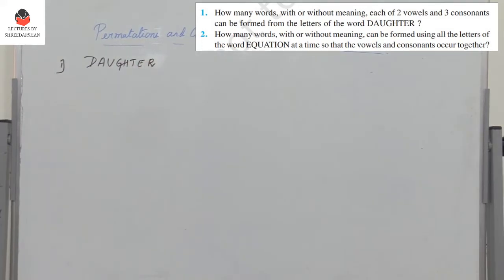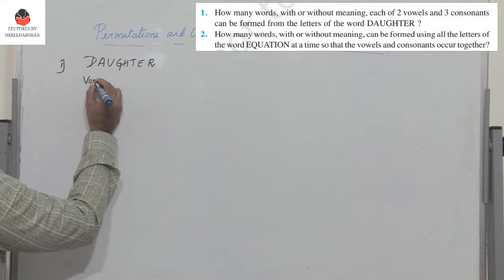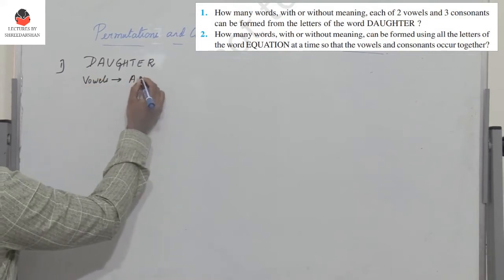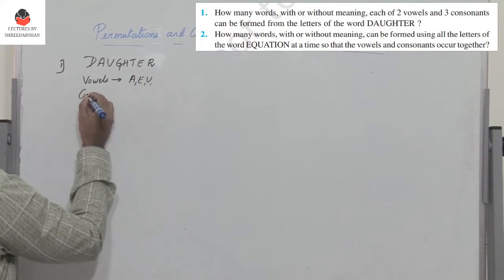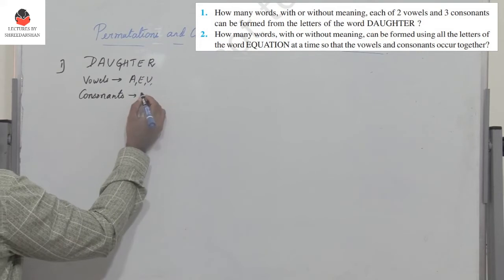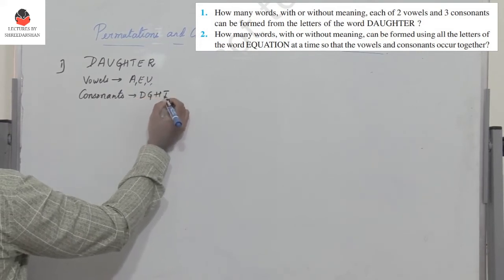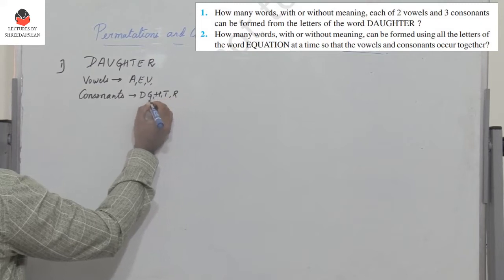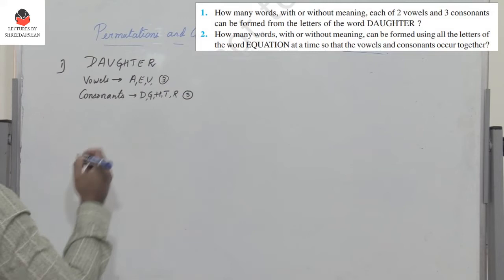Let us identify how many vowels there are. The vowels are A, E and U, whereas the consonants are the remaining alphabets, D, G, H, T and R. So there are 3 vowels and 5 consonants.